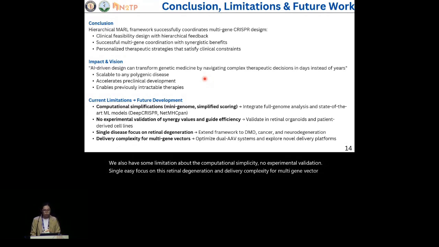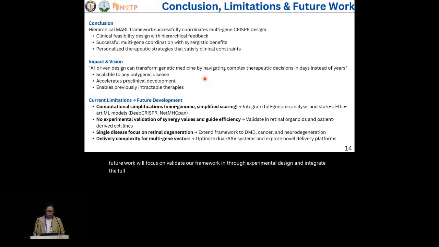Our future work will focus on validating our framework through experimental design and integrating full genome analysis and state-of-the-art machine learning models, as well as exploring other polygenic diseases like cancer or neurodegeneration, and also optimizing dual AAV systems and exploring novel delivery platforms.